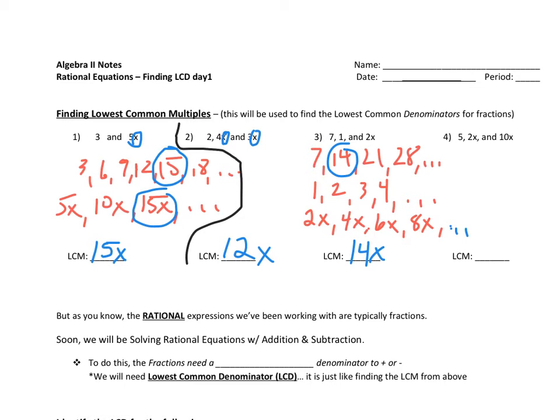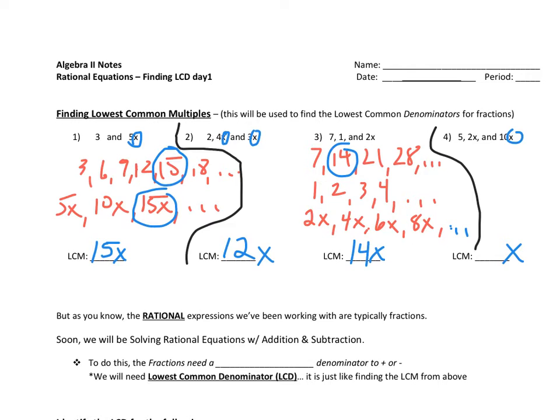X. And then the last one, same idea, finding multiples. Count by 5s, 5, 10, 15, 20, count by 2s, 2x, 4x, 6x, 8x, and so on, count by 10s, 10, 20, 30, and there's x's involved. So we know that there's going to be an x as a part of the lowest common multiple.